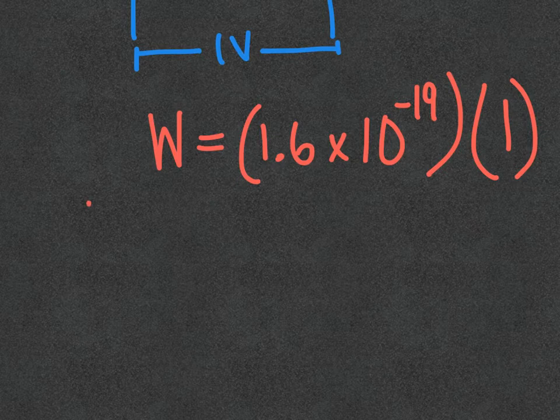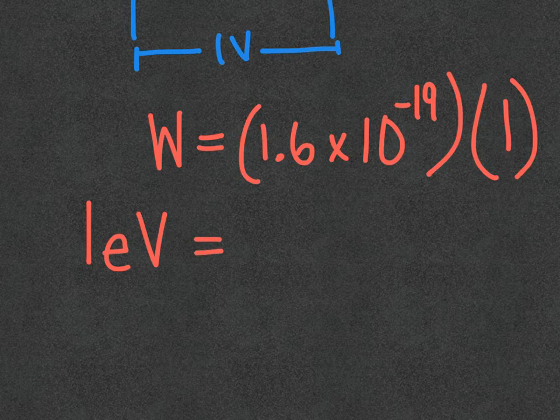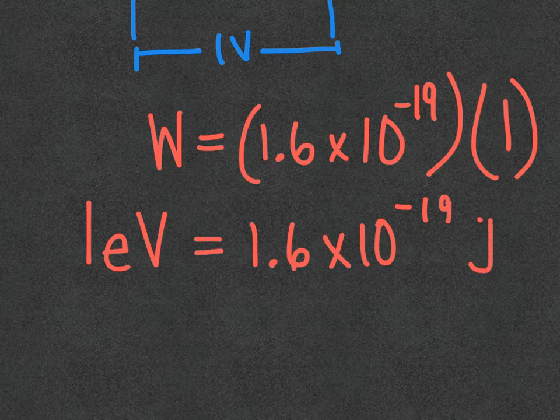So in other words, 1 electron volt as a unit is equal to 1.6 times 10 to the negative 19th joules. Now that's a very small number of joules. That's the amount of joules it takes to move an electron across a potential difference of 1 volt.